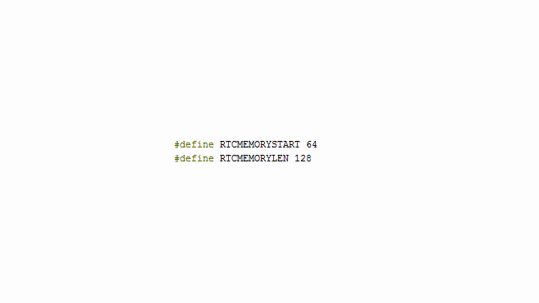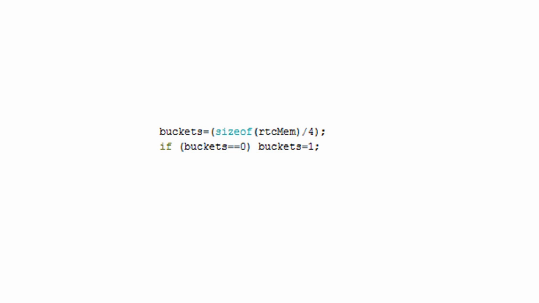The memory starts at bucket 64 and ends after 128 buckets. Then we have to calculate how many buckets our structure uses. Size of structure delivers the size used by the structure in bytes. Divided by 4 equals the number of buckets needed for each structure element. In our case, it is 2.